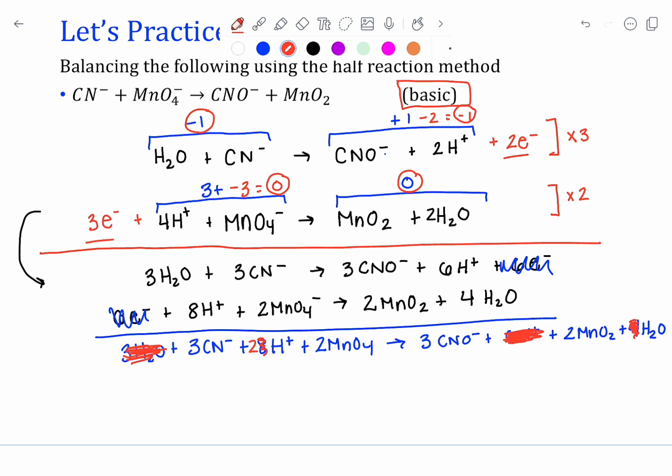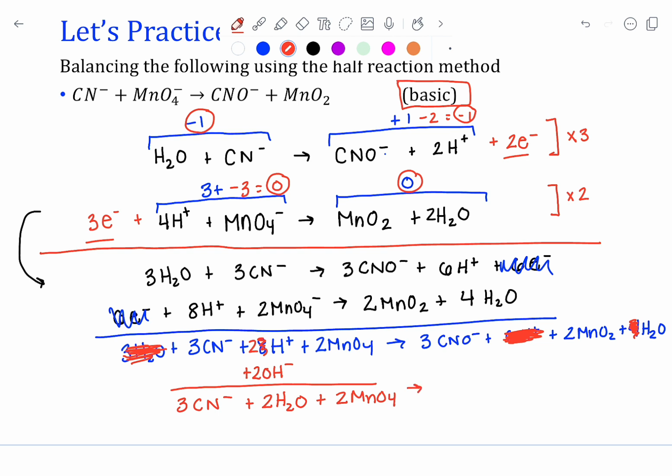So what we need to do is cancel out our H plus by adding in the same number of OH minus to both sides of the chemical equation. So because there's 2 H plus, I'm going to add 2 OH minus in order to create a side of 3 CN minus plus 2 H2O plus 2 MnO4 minus.